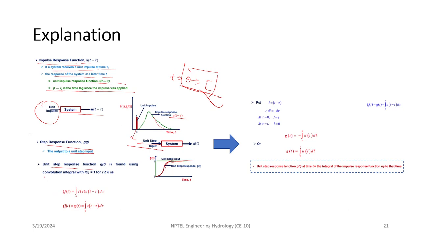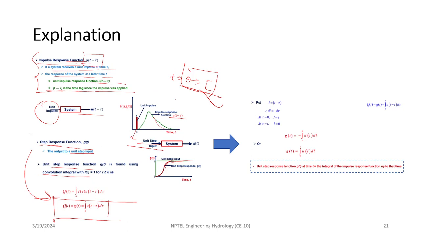There is one convolution integral for representing this. After applying the convolution integral, we have both relations. We understand the impulse response function, which is represented by u(t minus tau), and you can imagine it as any input parameter in the catchment. And now you also have an idea of the step response.